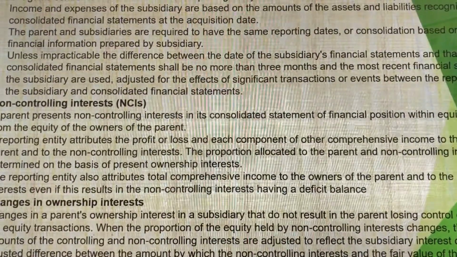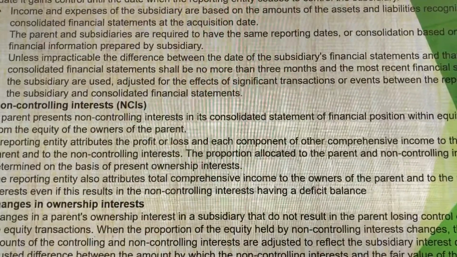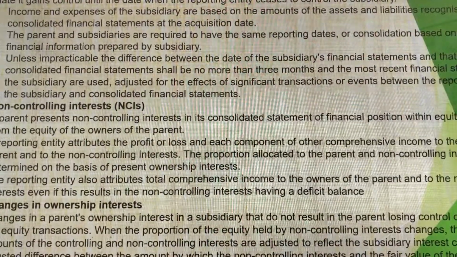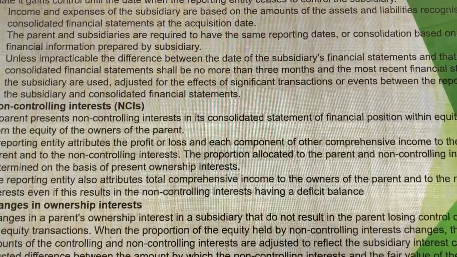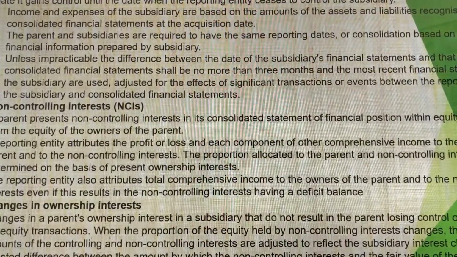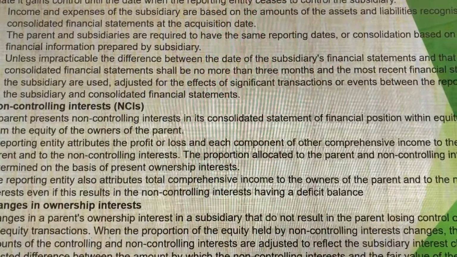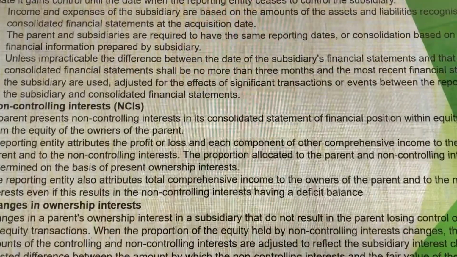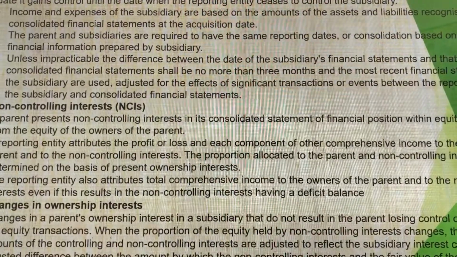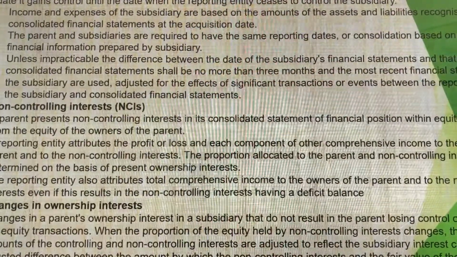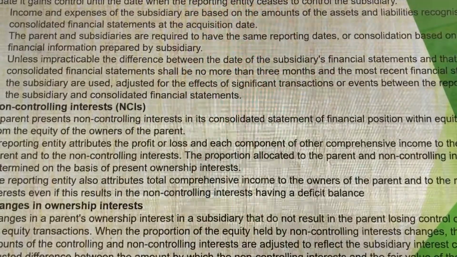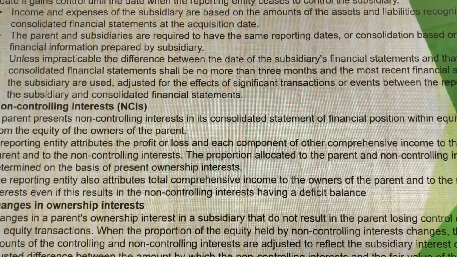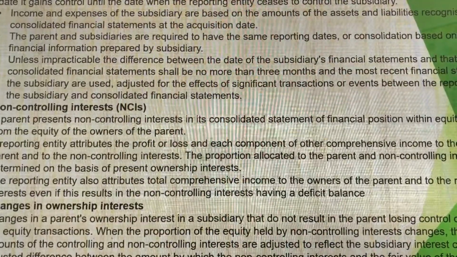A reporting entity includes income and expenses of a subsidiary in the consolidated financial statements from the date it gained control until the date that it ceased to control the subsidiary. So we have to combine the income and expenses of the subsidiary based on the assets and liabilities recognized in the consolidated financial statements.